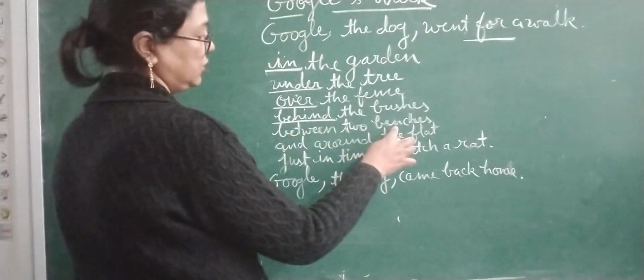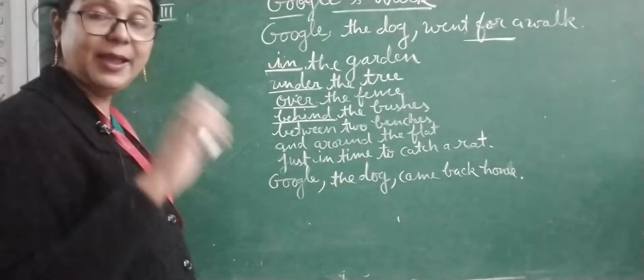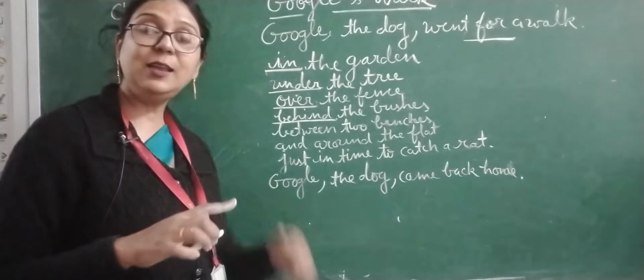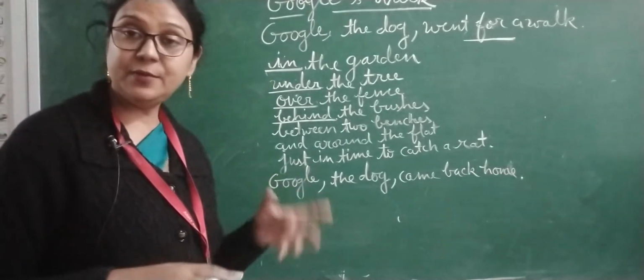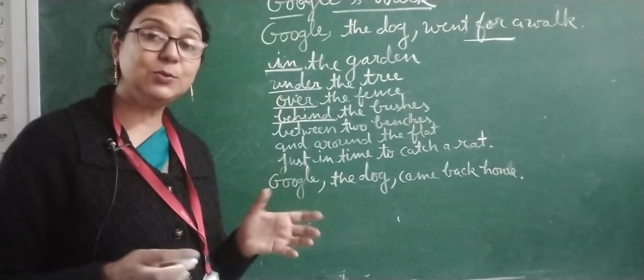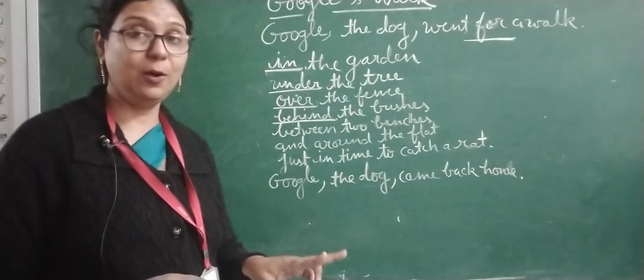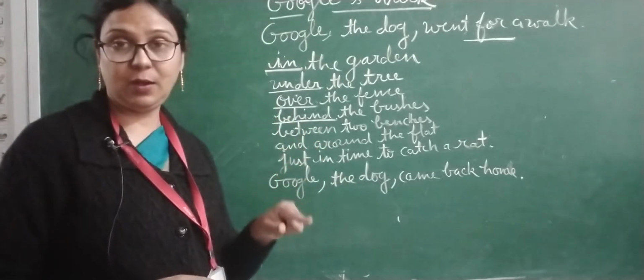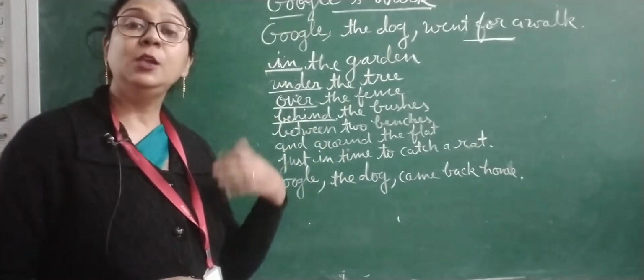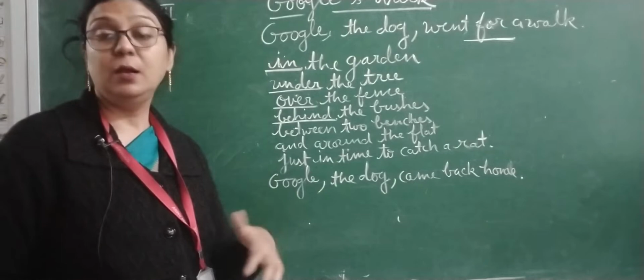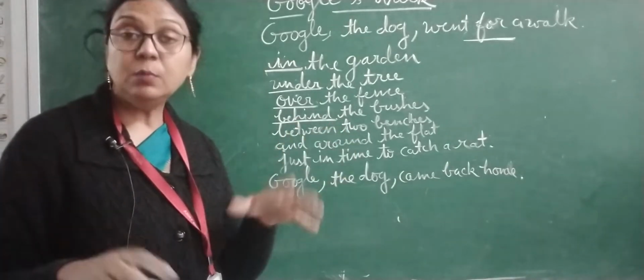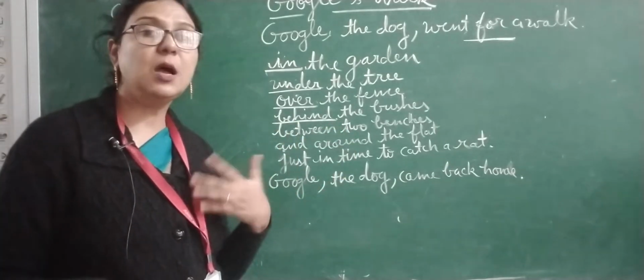Between two benches. Now here children, remember what we have already done in the previous class. When we are going to place anything between two persons or two objects, then we will use between. If we are using it for many people or more than two people, we will use among.